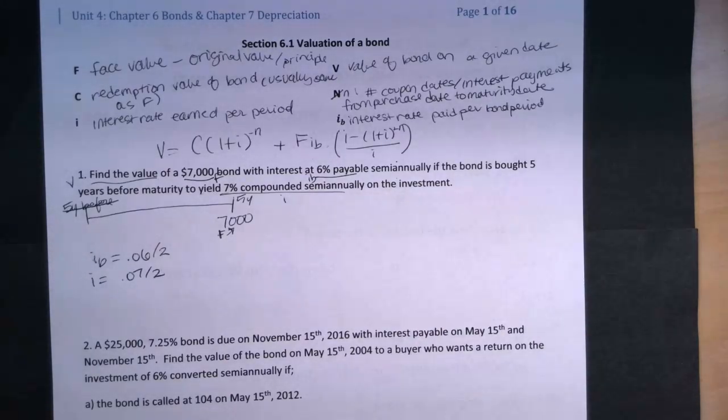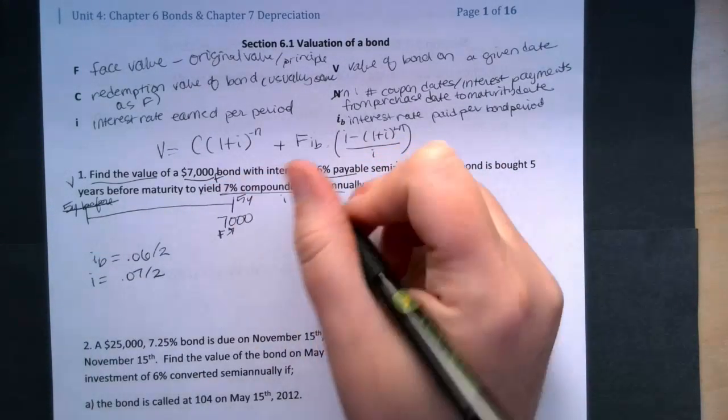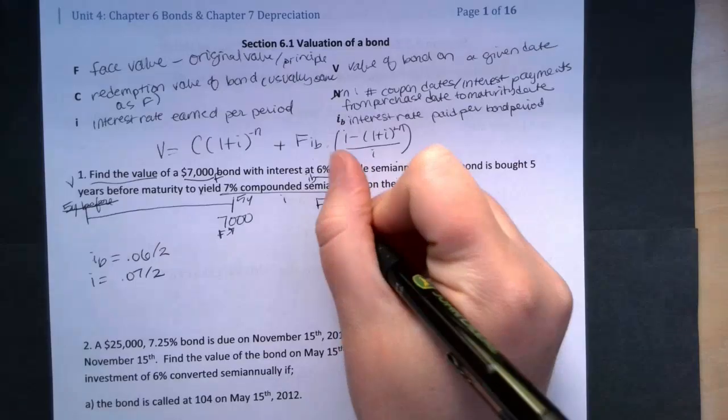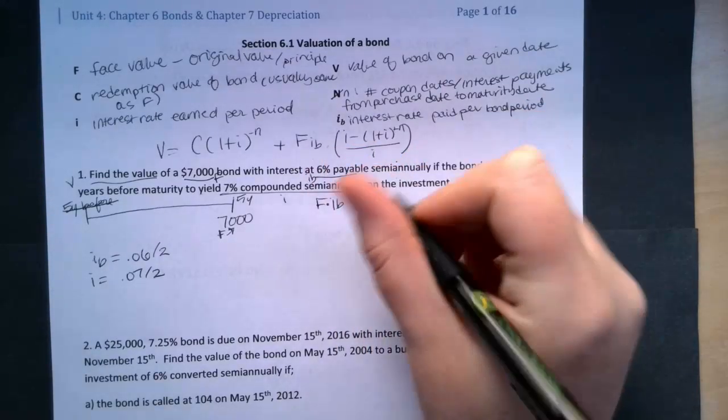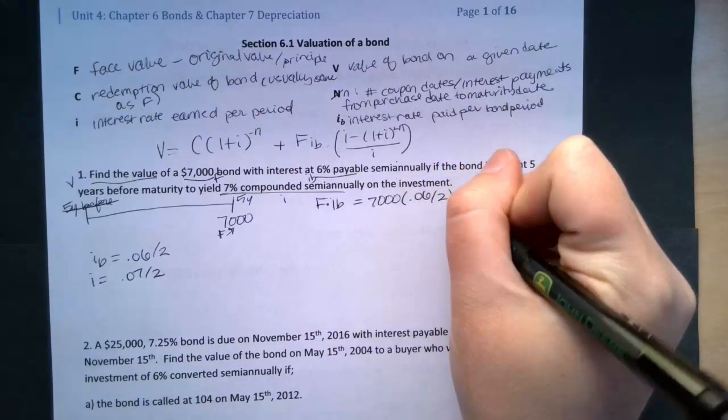So what we want to do first is figure out F times IB, because we're going to calculate that separately and then plug it in, since it makes our calculations a little bit easier. So it's going to be 7,000 times 0.06 over 2, because that's our IB.